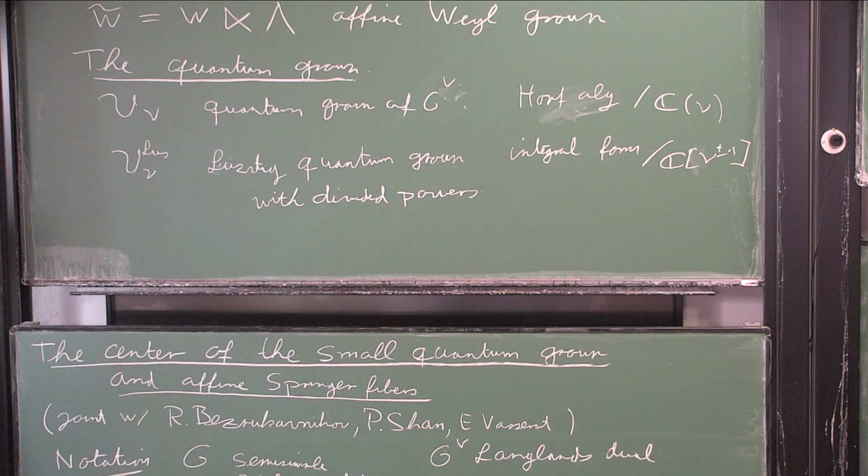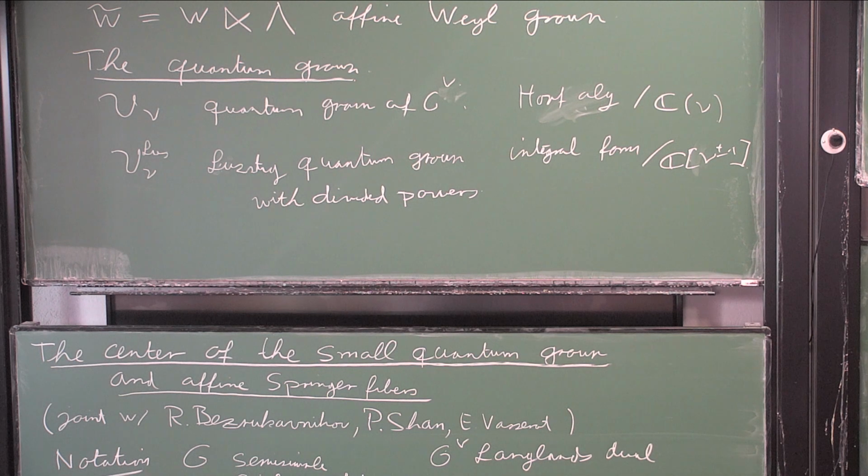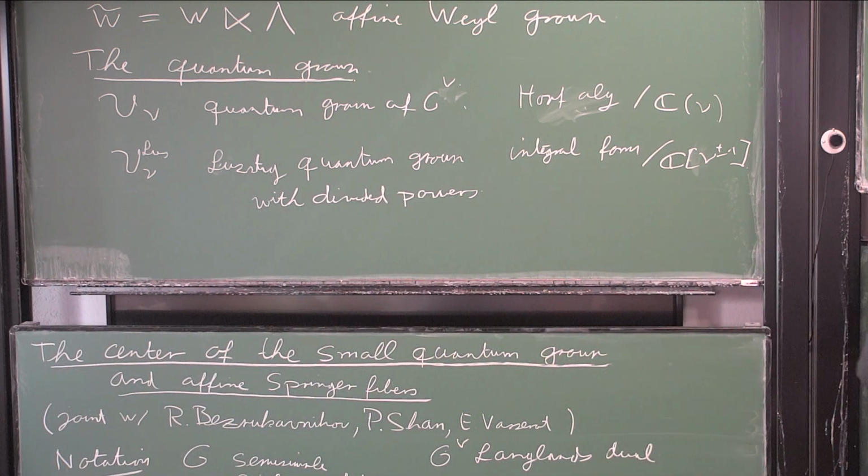Okay, but I'm not going to look at these algebras over Laurent polynomials. I want to specialize these algebras at pth roots of unity, or lth roots of unity, going forward.